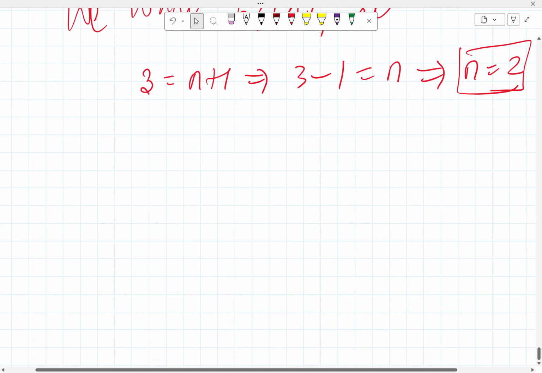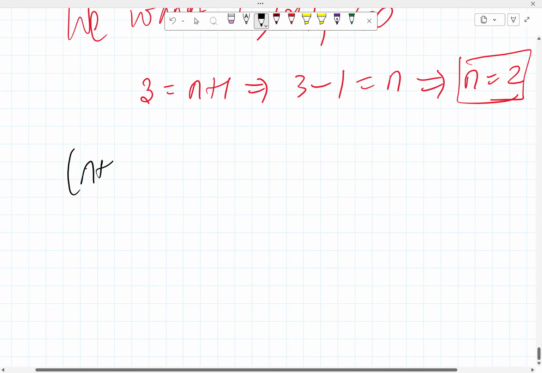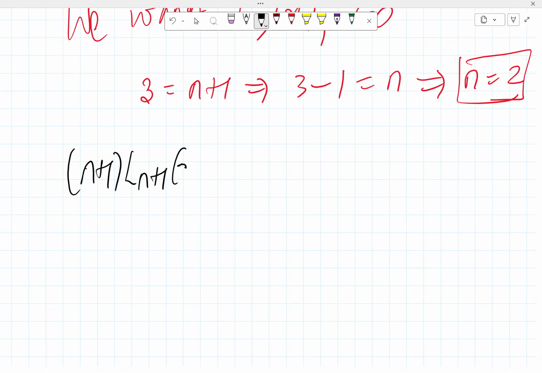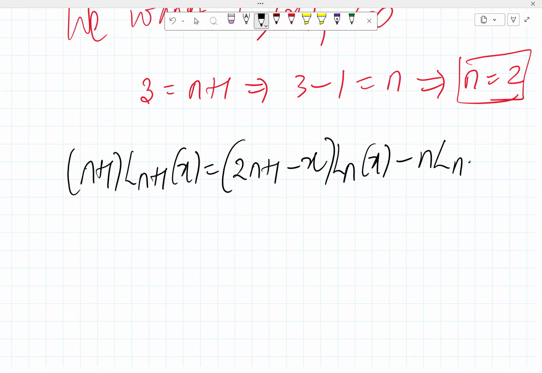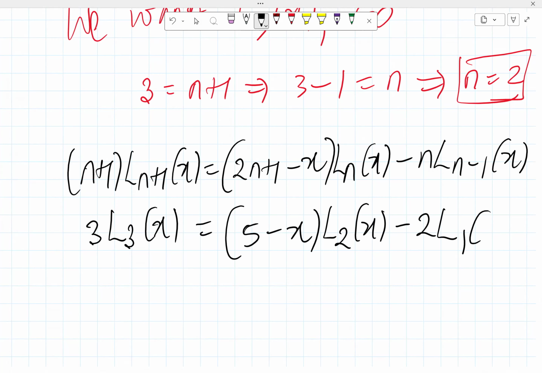So since n is 2, we can use the formula now. I'll take the pain to write the formula again. It's (n plus 1) L sub n plus 1 of x equals (2n plus 1 minus x) L sub n of x minus n L sub n minus 1 of x. Now that n is 2, this will be 2 plus 1, 3, L3 of x equals 2n plus 1, that's 2 times 2, 4, plus 1, that's 5, minus x, so 5 minus x, L2 of x minus 2, and 2 minus 1 is 1, L1 of x.